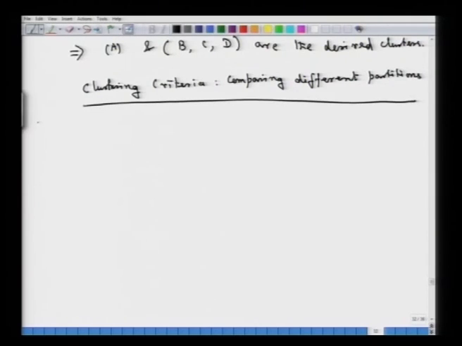Now, what is the basic objective of looking at this type of criterion?